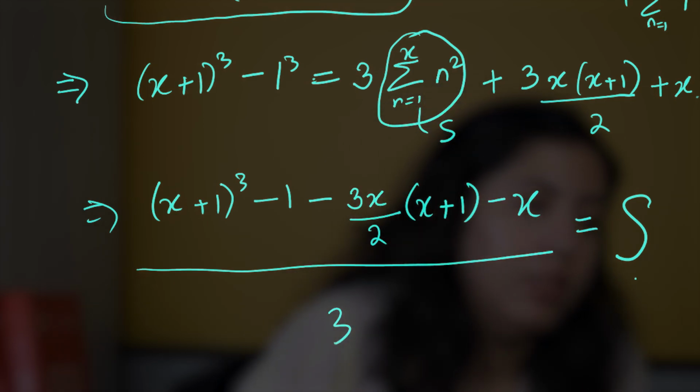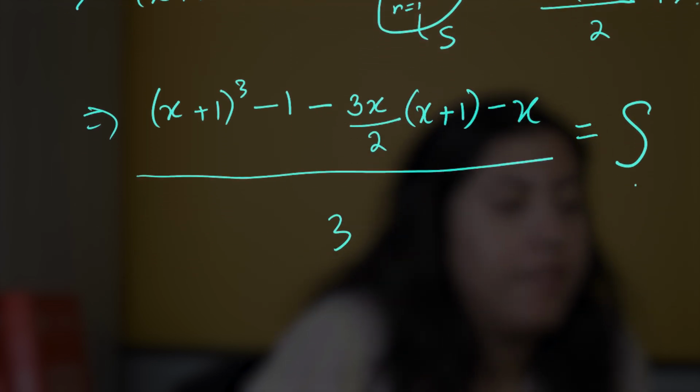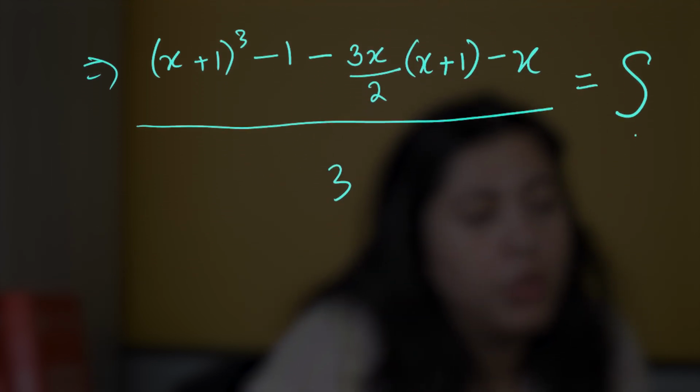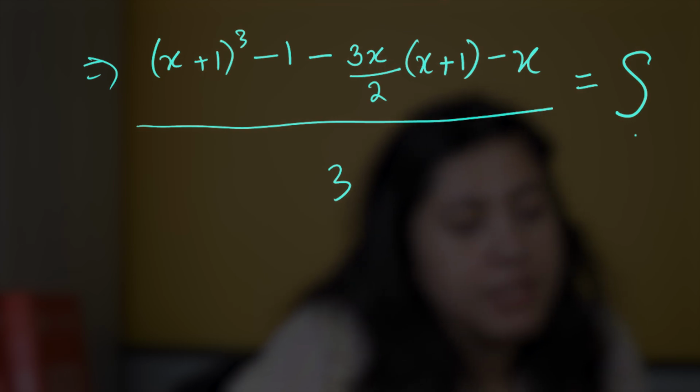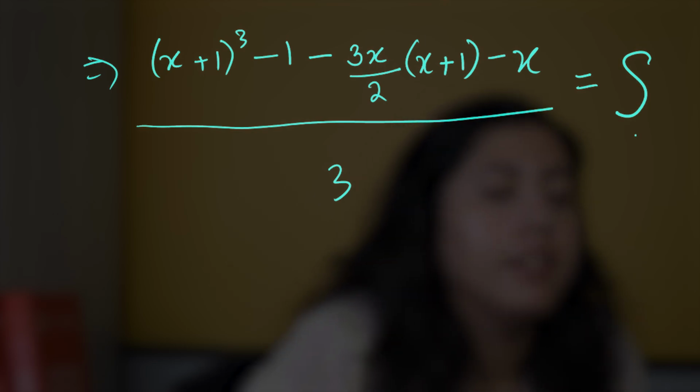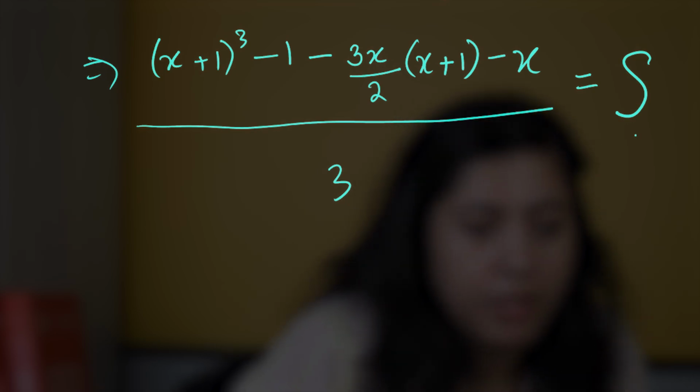Simplifying this all, we have x plus 1 whole cube minus 1 minus 3x by 2 times x plus 1 minus x, and this whole divided by 3 is actually equal to the sum we are figuring out.